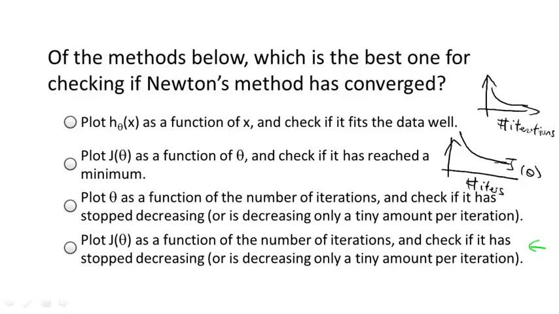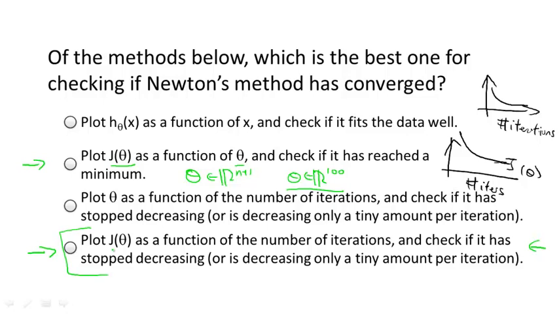As for the second choice, plotting J of theta as a function of theta, that's actually incredibly difficult to do if theta is a high-dimensional vector. If theta is a 100-dimensional vector, we can't really plot this. If theta were a real number, then maybe you can plot it, but if theta is a high-dimensional vector, that's hard to plot, and that's why this fourth answer is what I would use to check convergence.